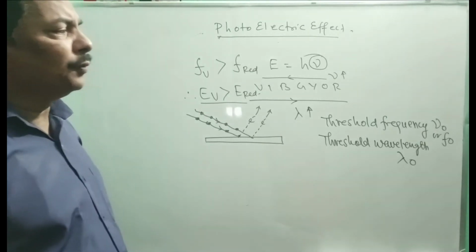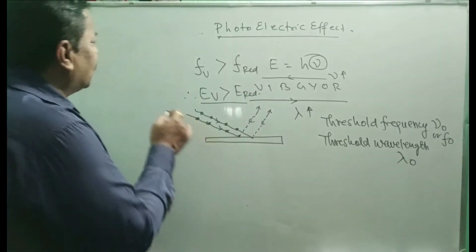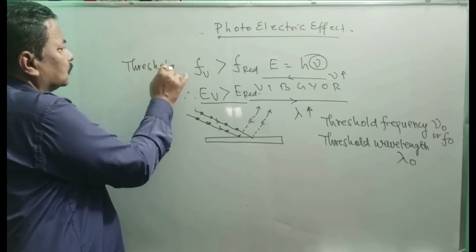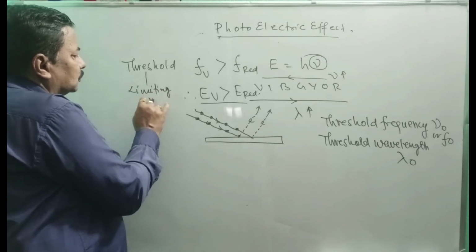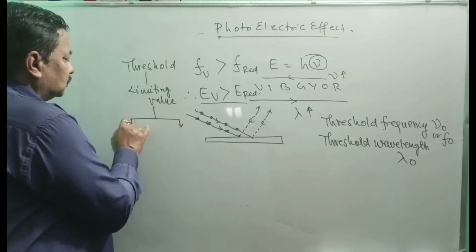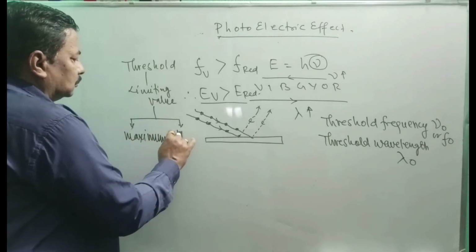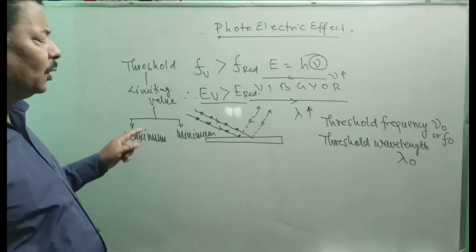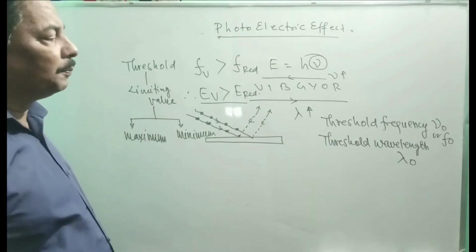One is threshold frequency and one is threshold wavelength. Threshold tells about the limiting value. It can be maximum or minimum.